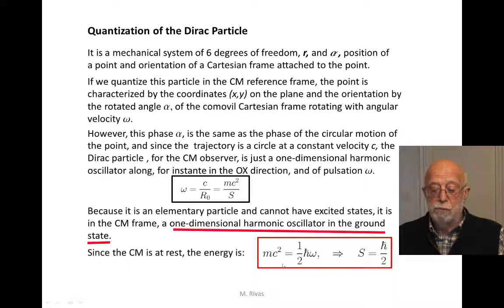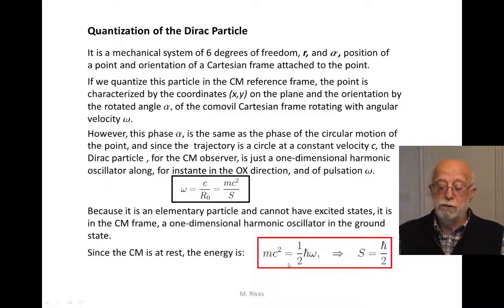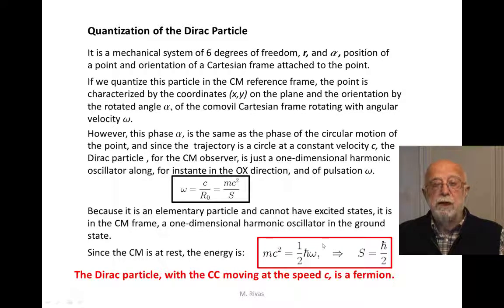Mc squared must be related to the energy of the one-dimensional harmonic oscillator in its ground state, and when we compare both expressions, the value of the classical spin is necessarily 1/2. The Dirac particle, whose point r is moving at the speed of light, is necessarily a fermion.